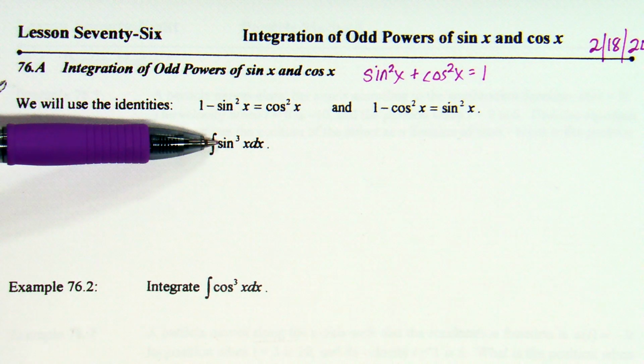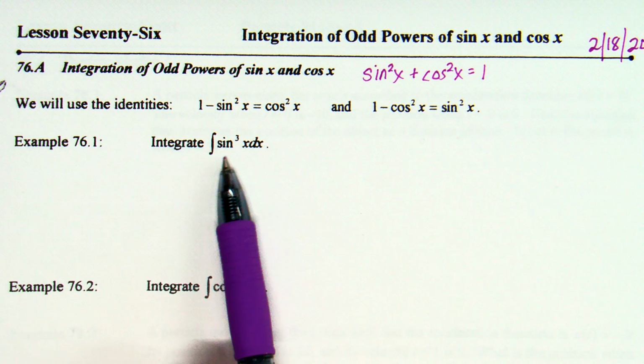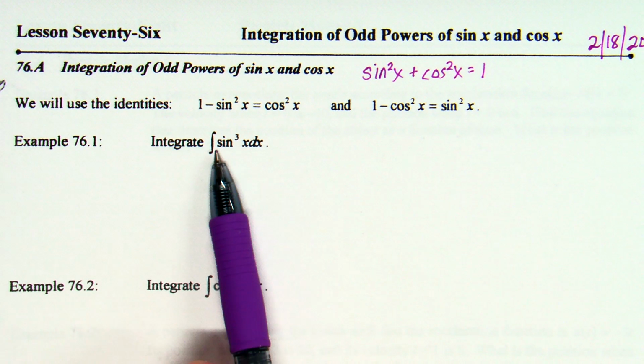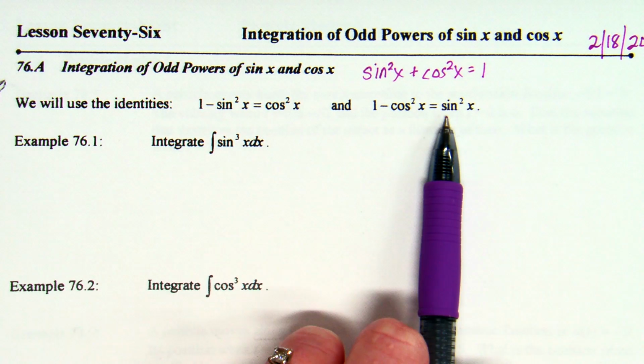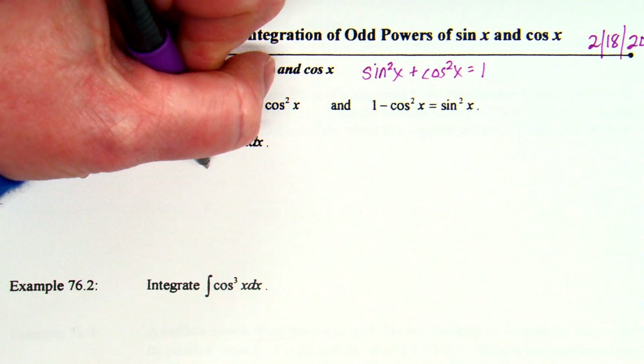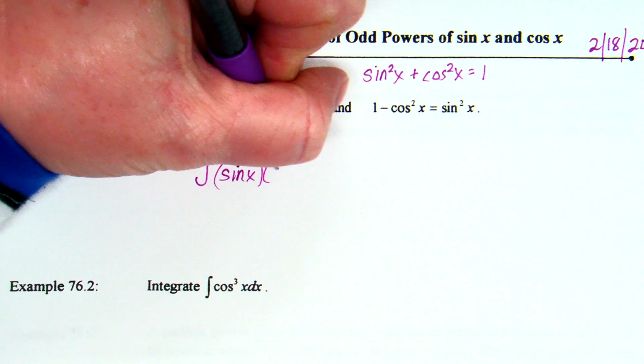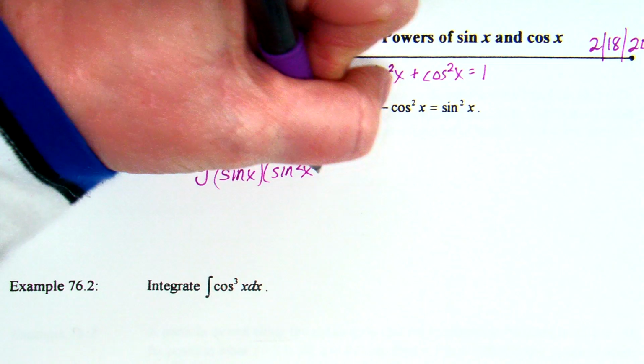So first thing we're going to do is take sine cubed and split it so that sine squared is one of the pieces, because sine squared will be able to be replaced. So I'm going to split this into sine x times sine squared x. You always want to split off even powers there.